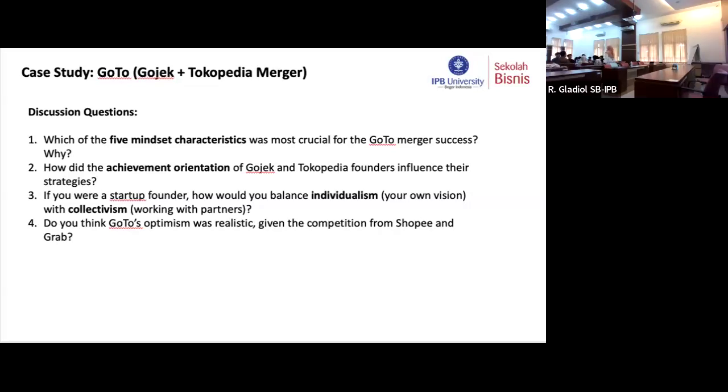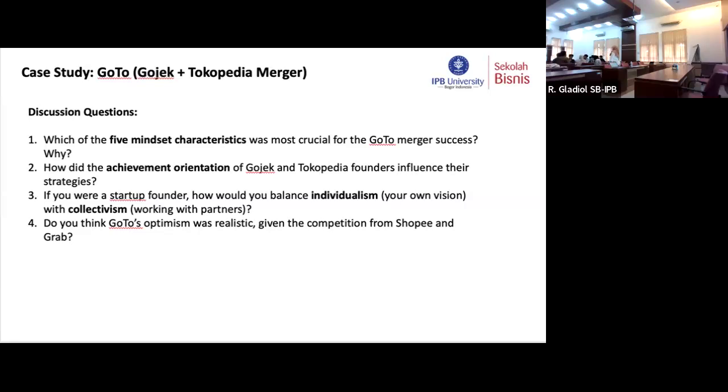Okay, the reason why we chose focus is because we think GoTo wants to dominate the country's digital market, and they don't want to be beaten by Shopee and other e-commerce.